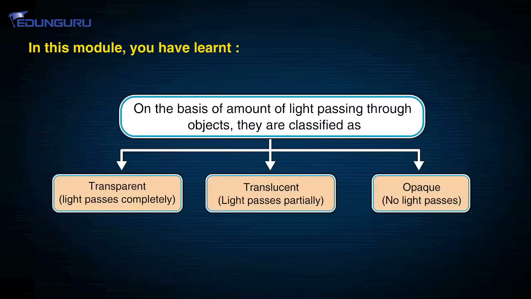On the basis of the amount of light passing through objects, they are classified as transparent, translucent and opaque. Transparent objects allow the light to pass through them completely. Translucent objects allow the light to pass through them partially. Opaque objects do not allow the light to pass through them.